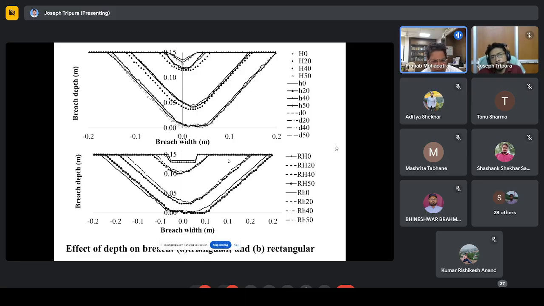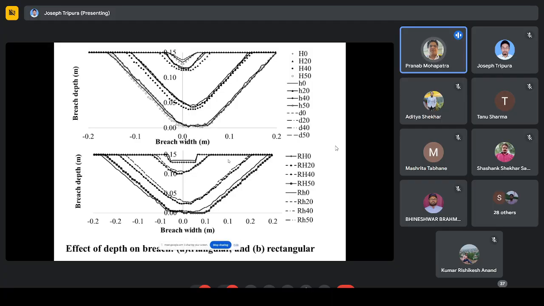Similarly, this is effect of depth on bridge, and one is rectangular. You can see this. This is from another side. The other picture was showing what is happening. So these are the same results, but looking from different sides. You can see how the pilot channel increases here.